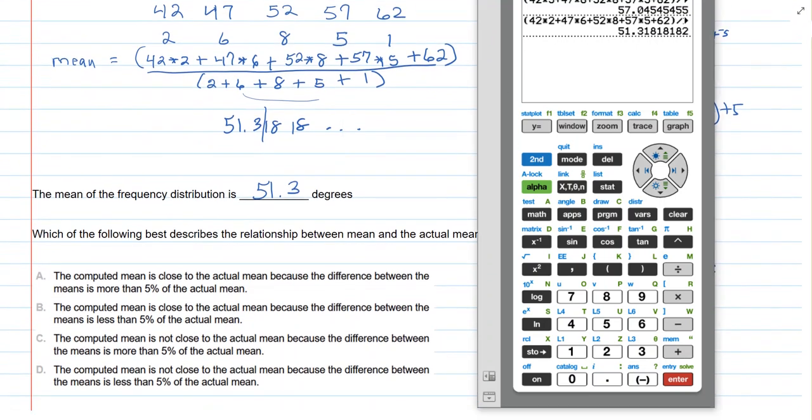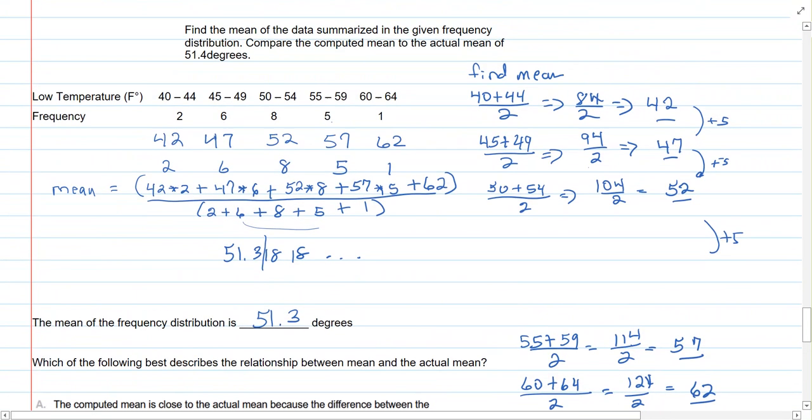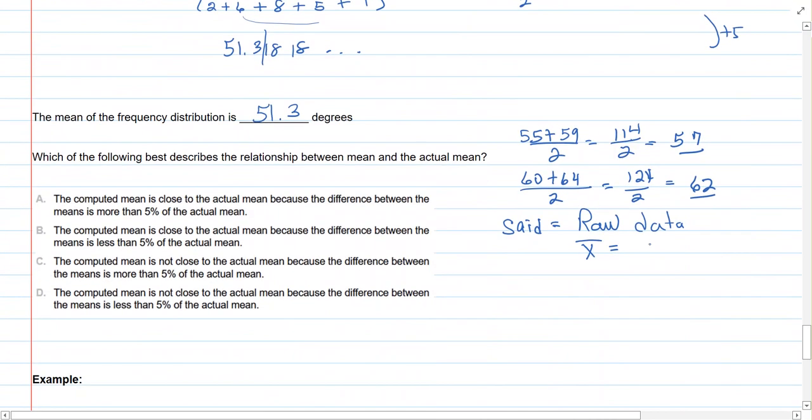Okay, so now we're going to analyze what we just got. Remember what it said. From the raw data, because we only have classes, the mean was 51 and 4/10.